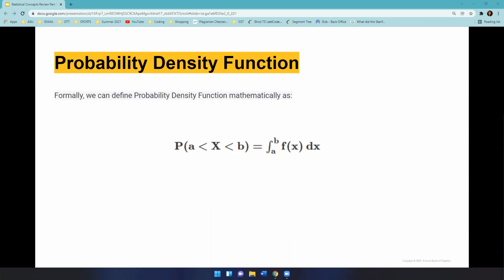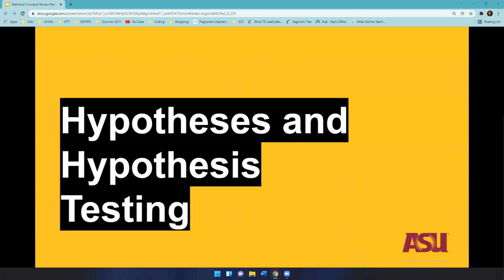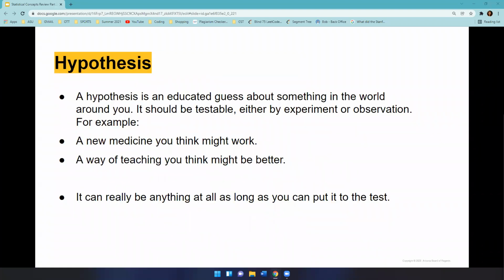Now we'll move into hypothesis testing. Basically, a hypothesis is a statement which needs to be proved. Suppose you did an experiment and you found that a certain drug is effective against, let's say, body pain or headache.